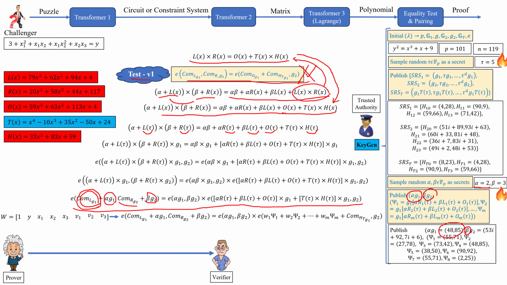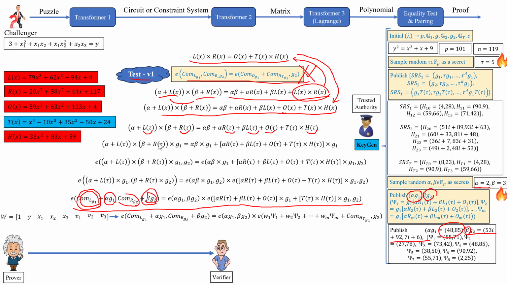Using our website, you can check to ensure that this value is correct. And then the prover can add these elements of group G2 using our website again, addition of 2 elements in group G2, to compute this part.